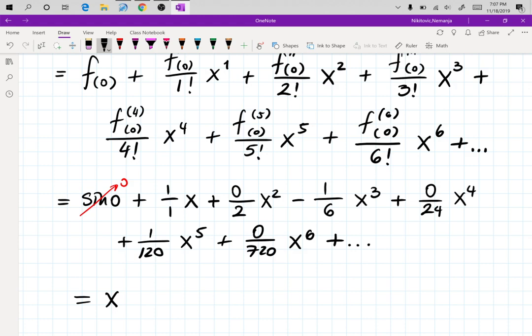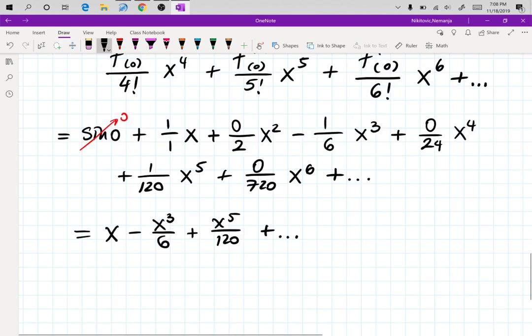X minus x cubed over 6 plus x to the 5 over 120 plus dot, dot, dot. What was this? Sine x is equal to that.